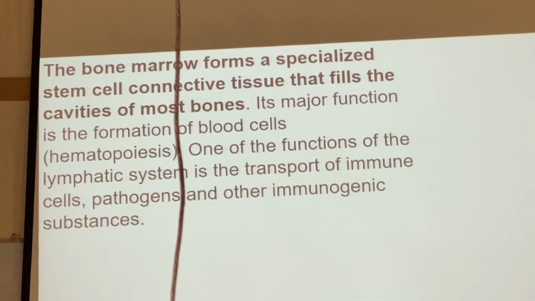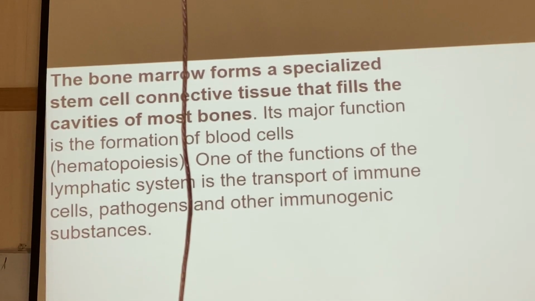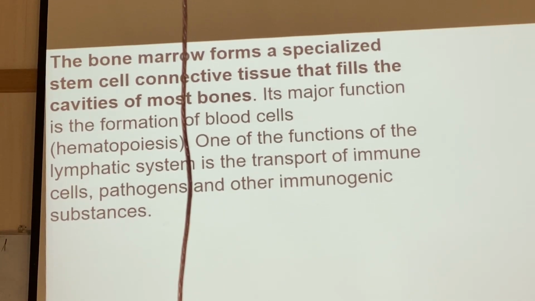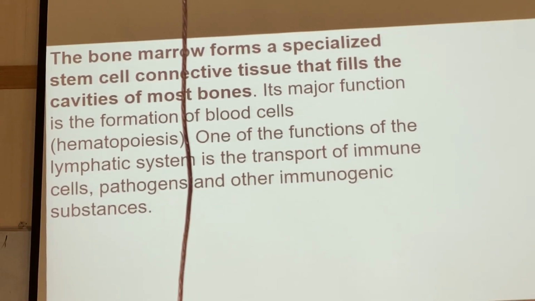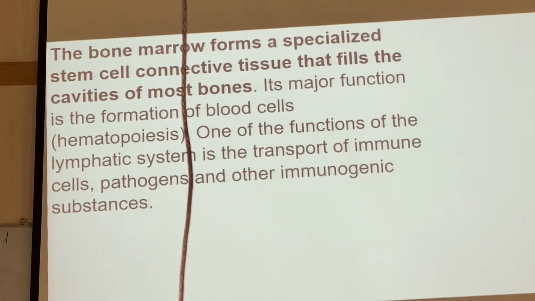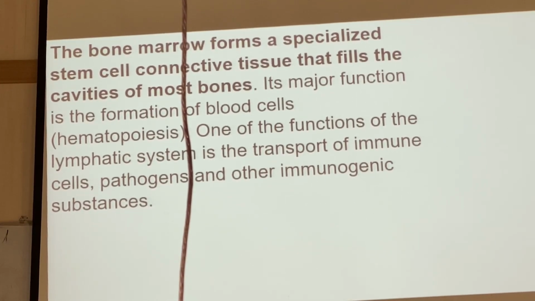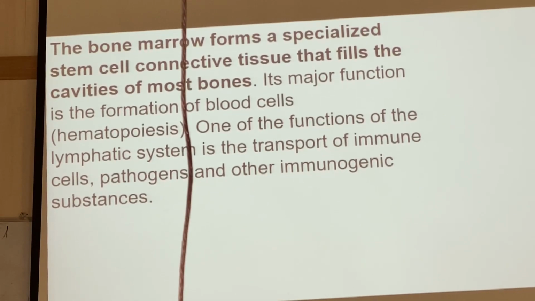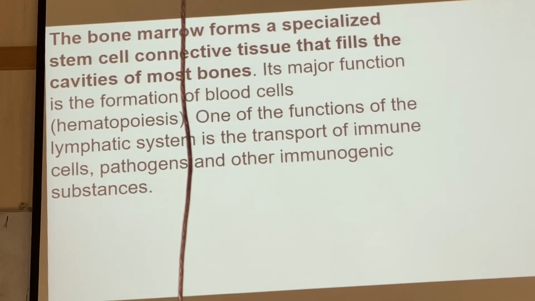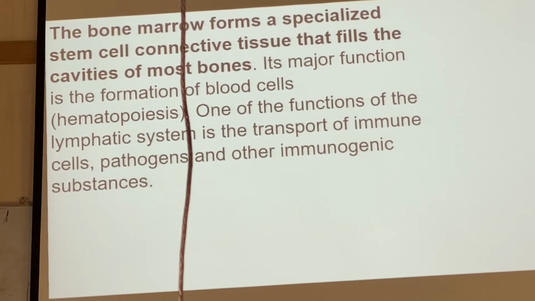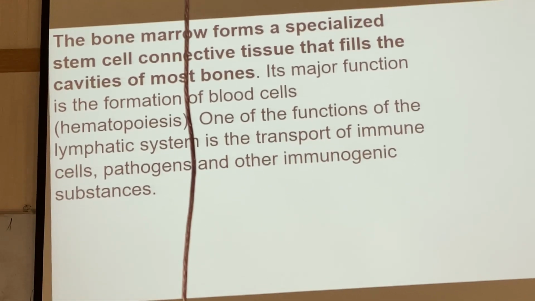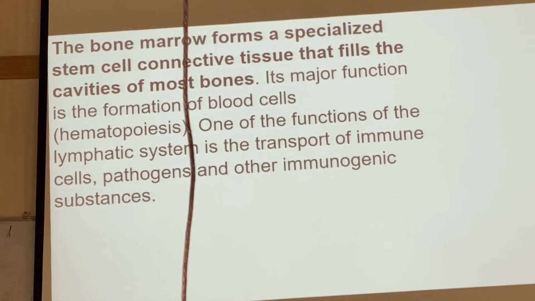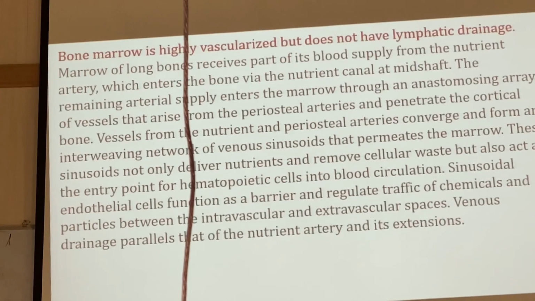So it means escaping from answering. But what do we understand? That the bone marrow, because it is a primary organ, is part of the lymphoid or lymphatic system. So in the lymphatic system, is it possible to ask, is there a lymphatic drainage in the lymphatic system? Surely there must be. Okay, let us go.